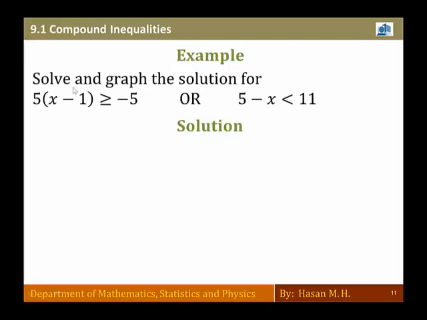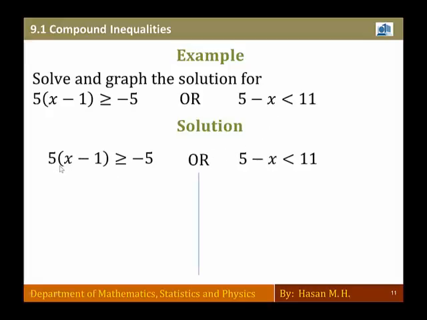Example: solve and graph the solution for 5 times open parentheses x minus 1 close parentheses greater than or equal to -5 or 5 minus x less than 11. Solve each inequality separately.